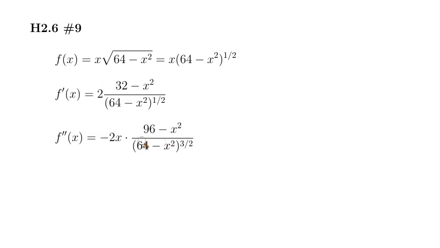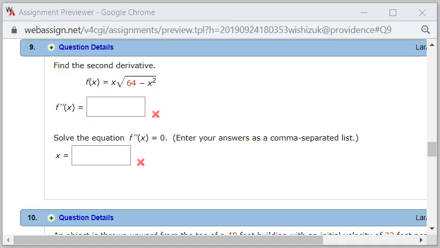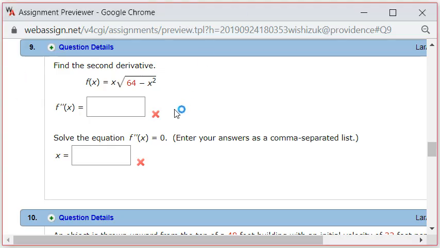Then I'm going to try to set that equal to 0. All right, so this is a second derivative. Maybe I should type that in first. So here we have that. Oops, sorry, that's not what I wanted to do.